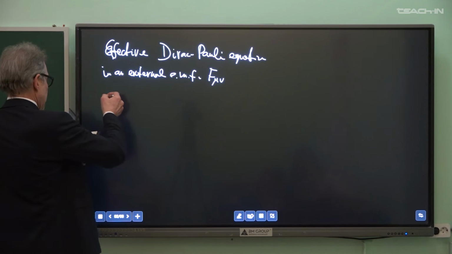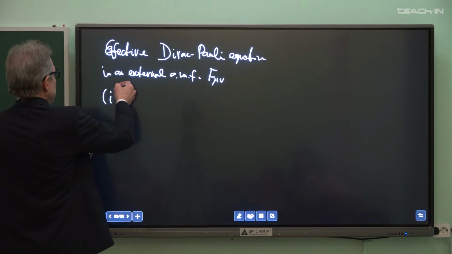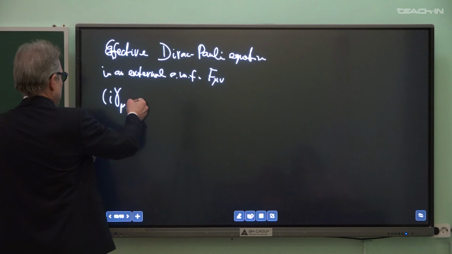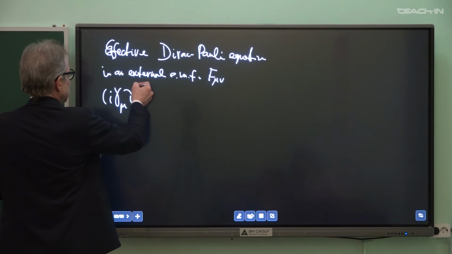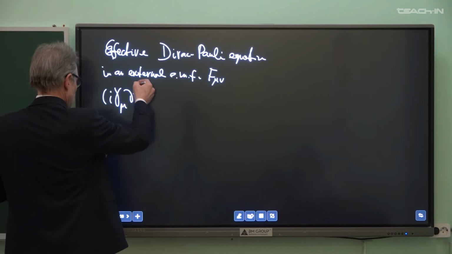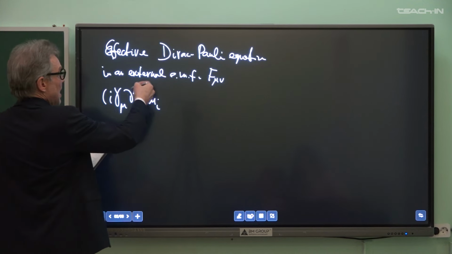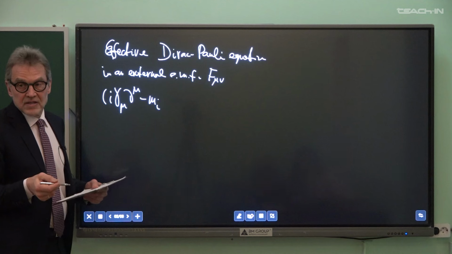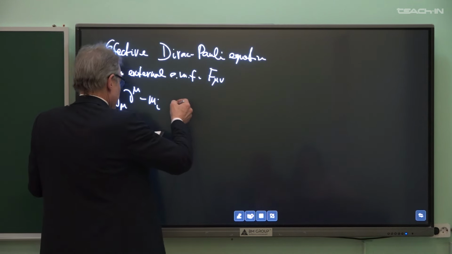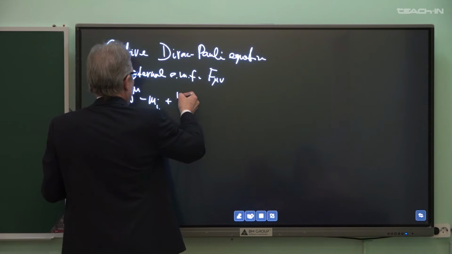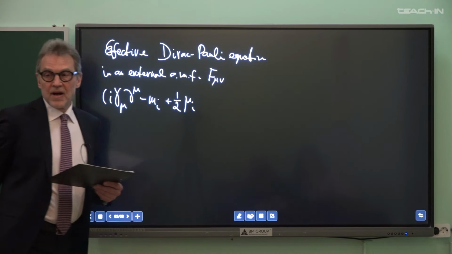So this is i, the Dirac matrices, this is the derivative, the summation over mu, plus or minus m_i. This is the mass of the mass state of the neutrino, plus one half the magnetic moment of the mass state.